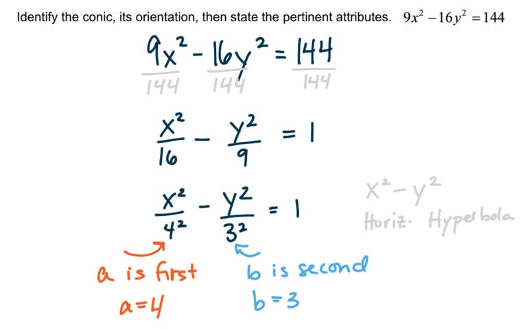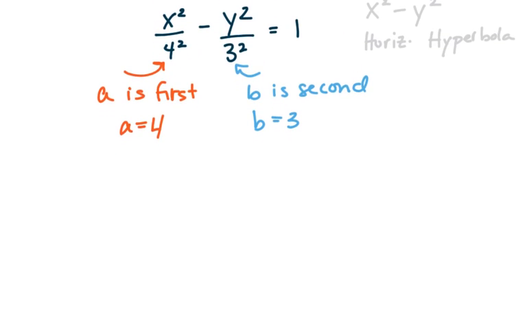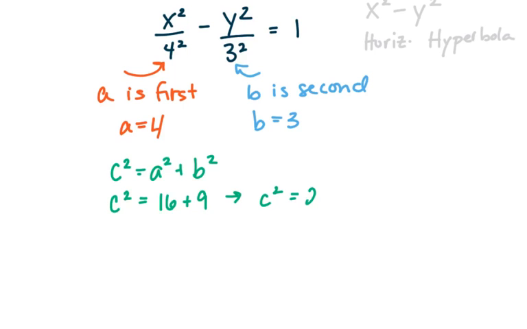And again, we'll talk about translated, shifted hyperbolas in the next video. But we can find our c value. Remember, c squared is a squared plus b squared, or c squared equals 16 plus 9. C squared equals 25. We get that c is going to be 5.